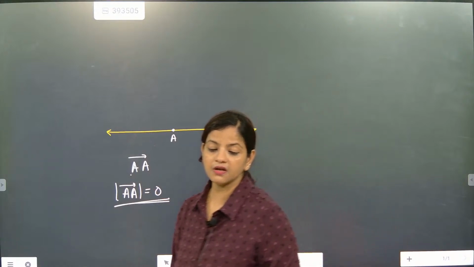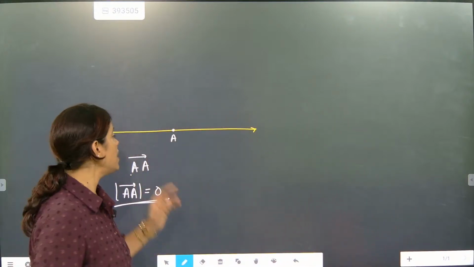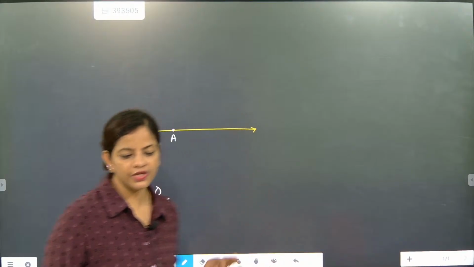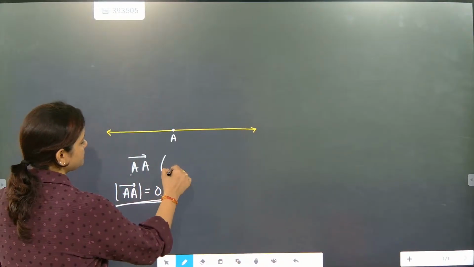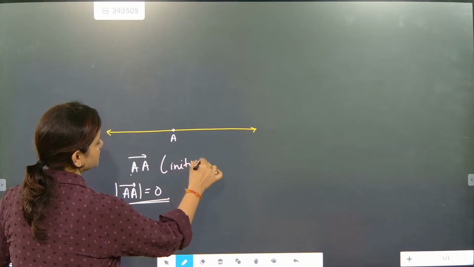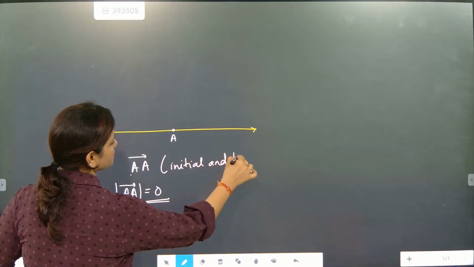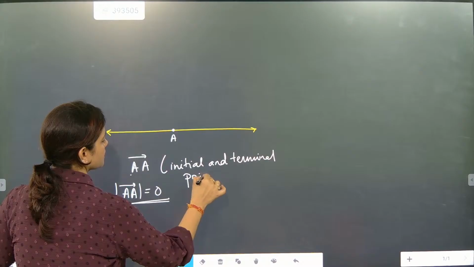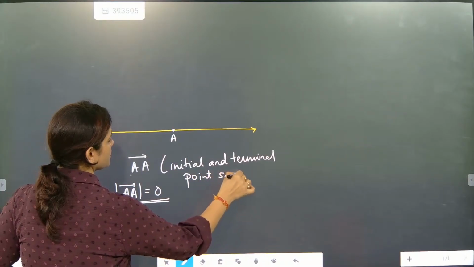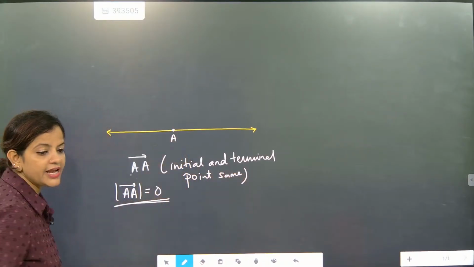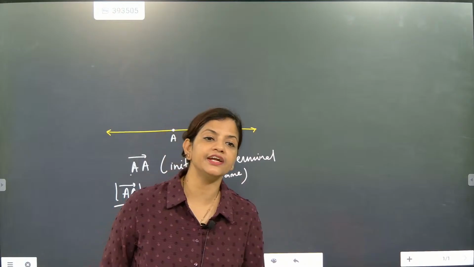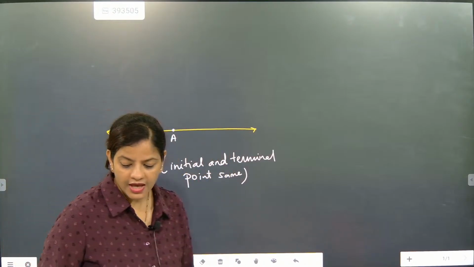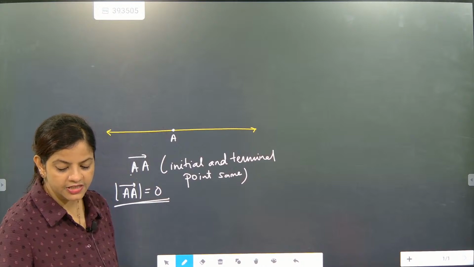Magnitude for a null vector will always be 0, and for a null vector the initial and terminal points will be same. It will always be indicated as a point. Got it? Okay.